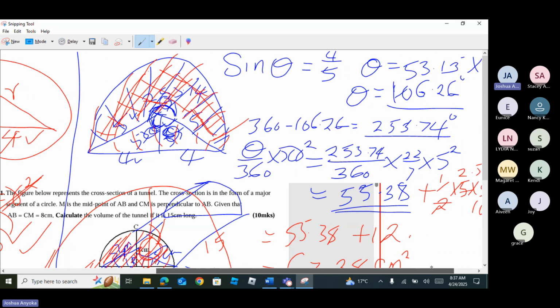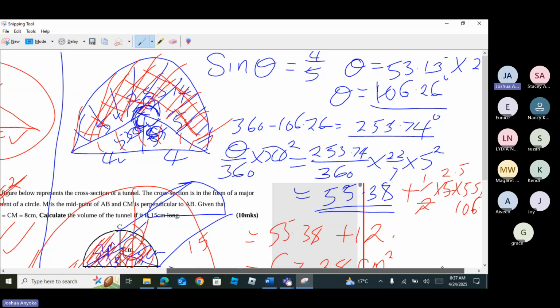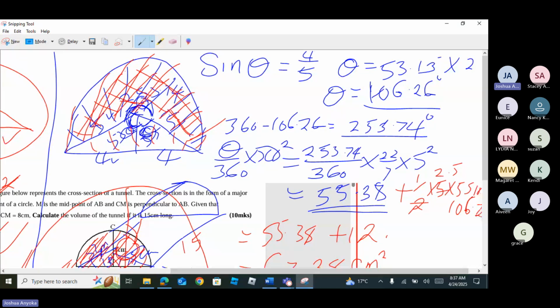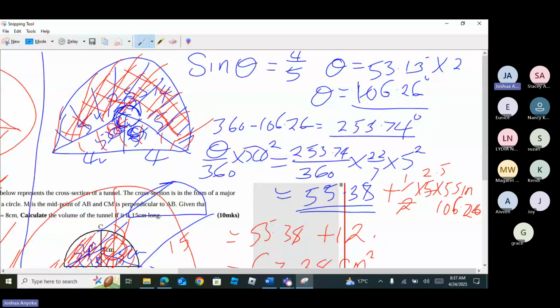So we extracted a right angle triangle, and we said if this is our theta, opposite side will be 4, hypotenuse is 5. So we use the sine. Sin theta equals to 4 over 5. Sin inverse gives 53.13, times 2, because we have two angles of this kind, 106.26.